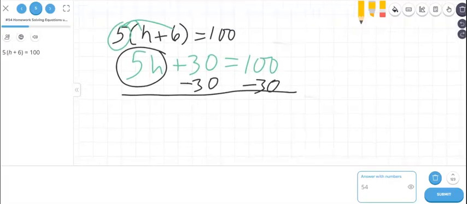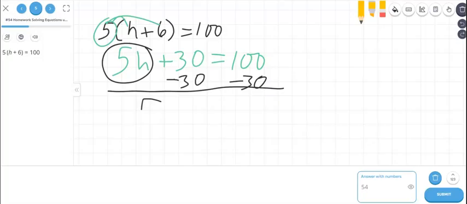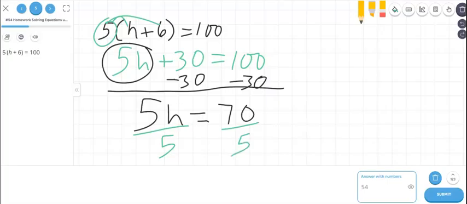We end up with 5h equals 70. Now we gotta get rid of the 5. So we divide. So we end up with h equals, and 70 divided by 5, that's going to be 14.